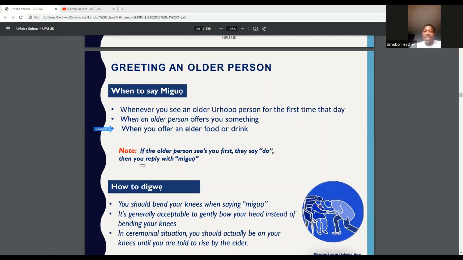In English, I'm the one that's supposed to tell you thank you. But in Urhobo, you, the younger person, for giving me water, will tell me Mingwo. The Mingwo signifies accepting the water from you. So those are the three conditions when you will say Mingwo.